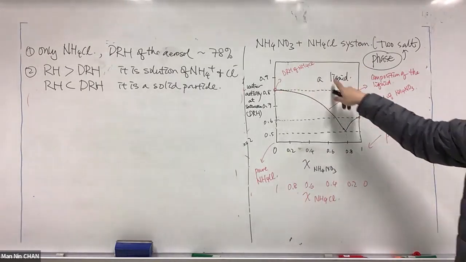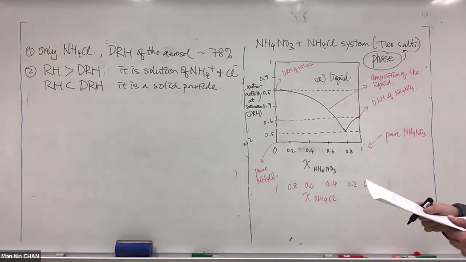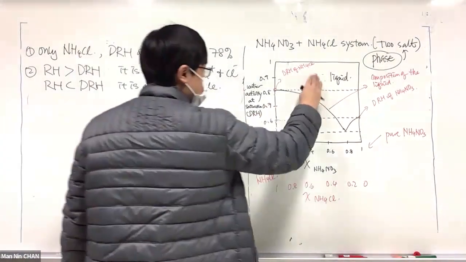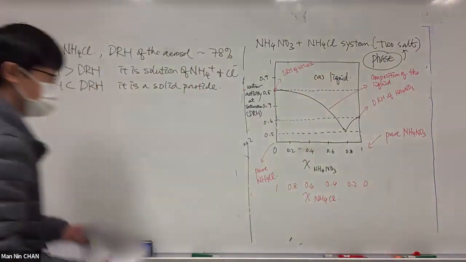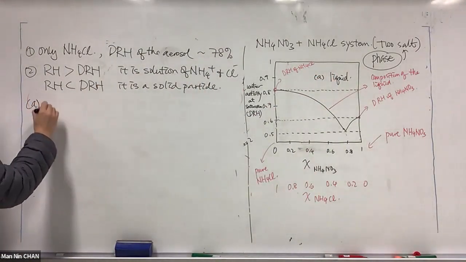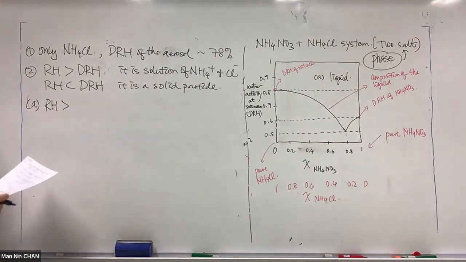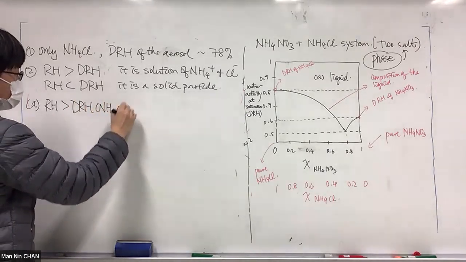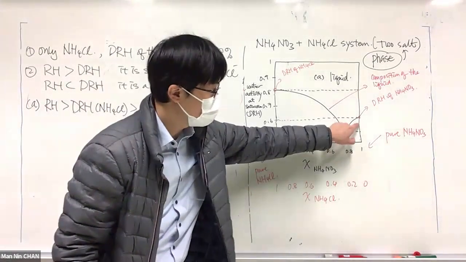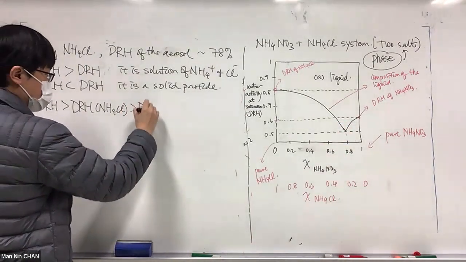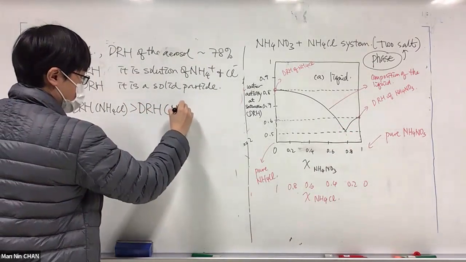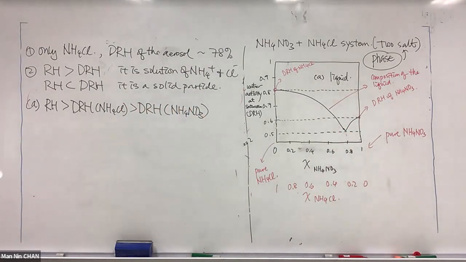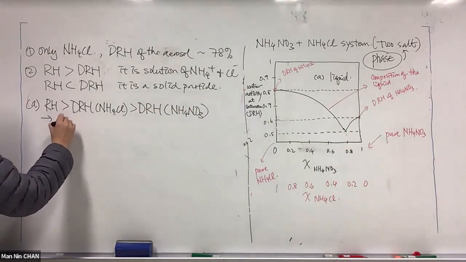In region A, given the RH is always larger than the deliquescence RH of your ammonium chloride, of course it will also be larger than the DRH of your ammonium nitrate. Therefore, you can see that the aerosol is always a solution.